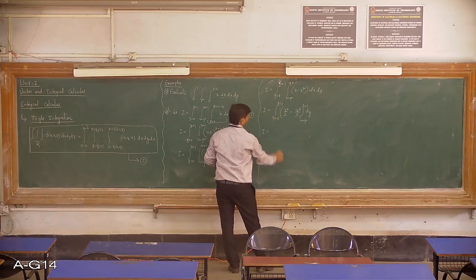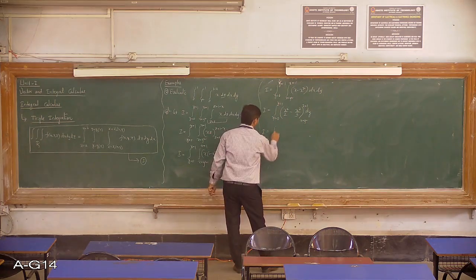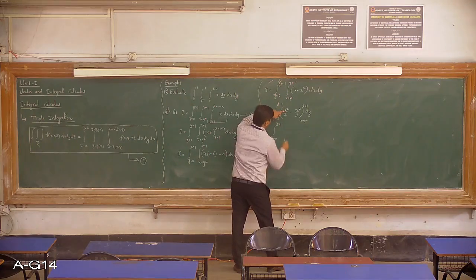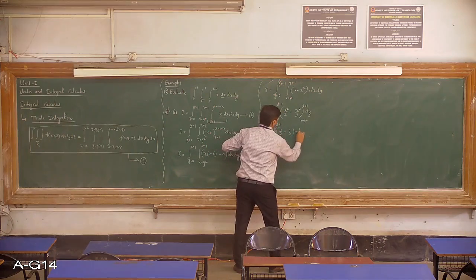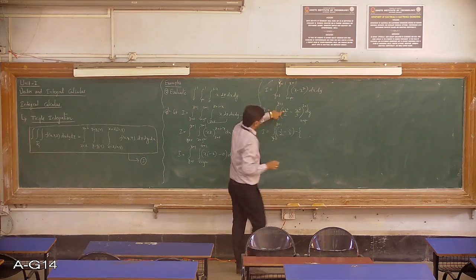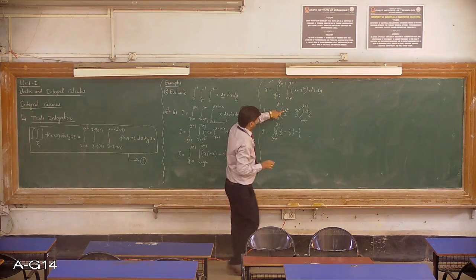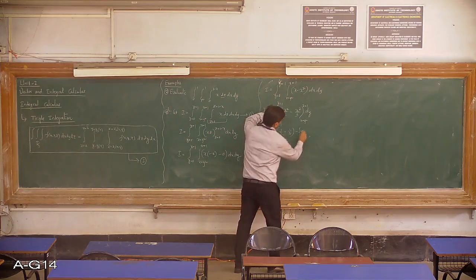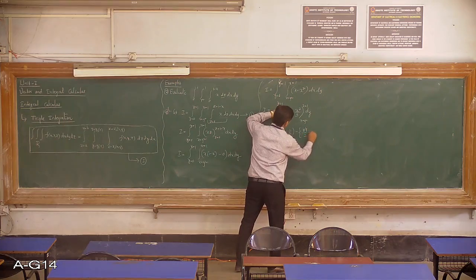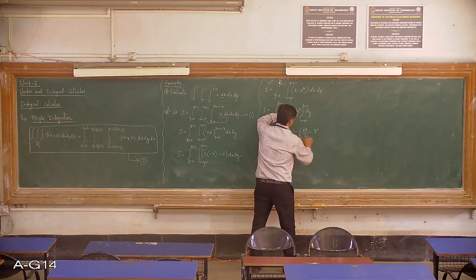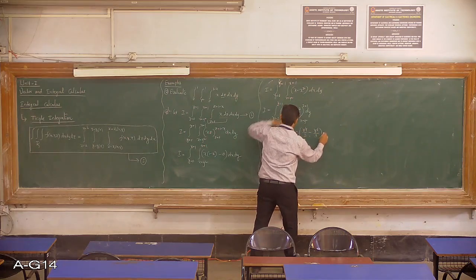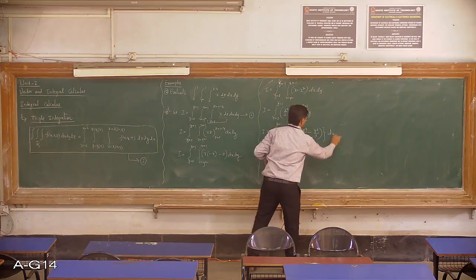So I equals the integral from y equals 0 to 1 of: for the upper limit x is 1, 1 by 2 minus 1 by 3, minus, if you put x equals y square, y raised to 4 by 2 minus y raised to 6 by 3, dy.